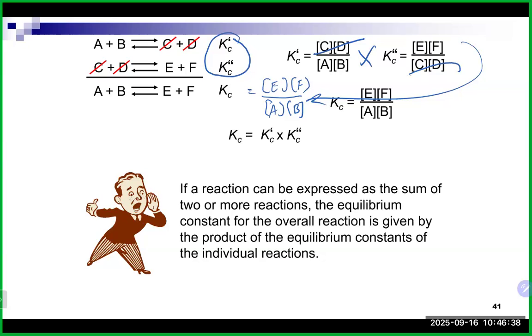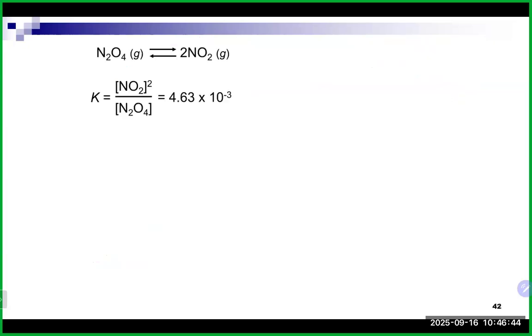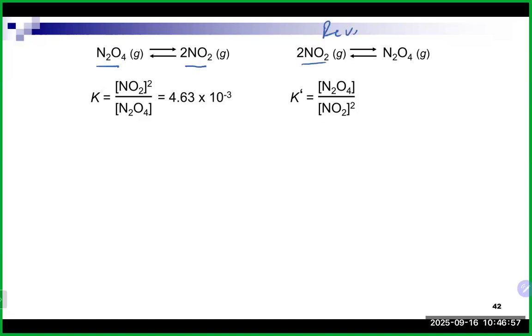Now, there are some other ways that we can manipulate an equation and the effect on the K value. Let's say we take a look at these two reactions here. On the left-hand side, that's N2O4 going to 2NO2. On the right-hand side, this is the reverse of the first reaction: 2NO2 going to N2O4.